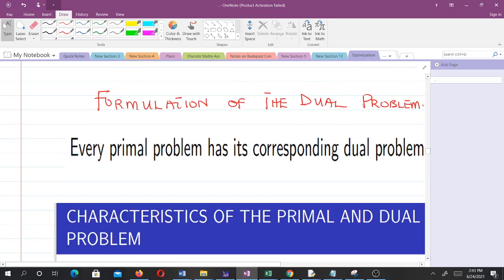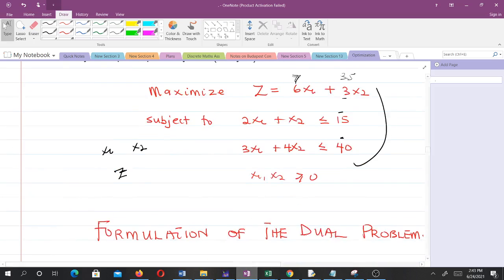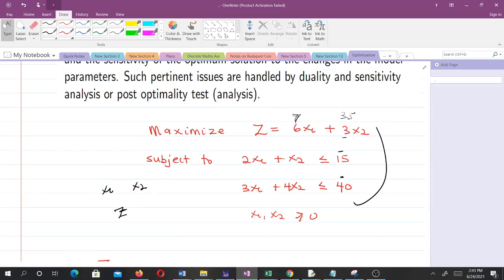Let's learn how to formulate the dual problem. Every primal problem has its corresponding dual problem. Someone will say, what is a primal problem? When you have an LP model, the original LP model is the primal problem. So for instance, this LP model we have here is the primal problem.